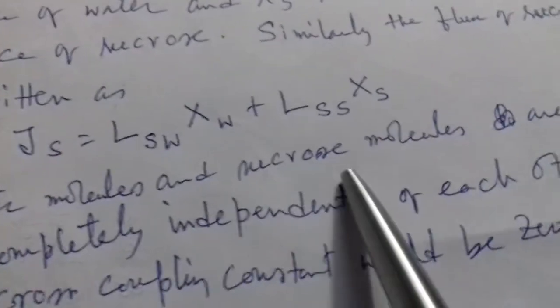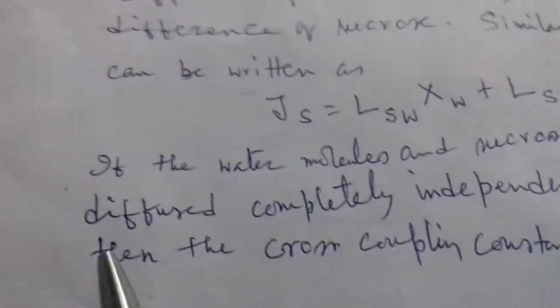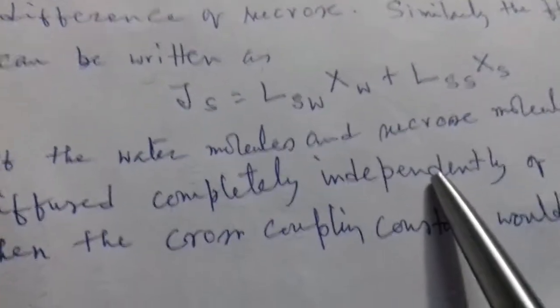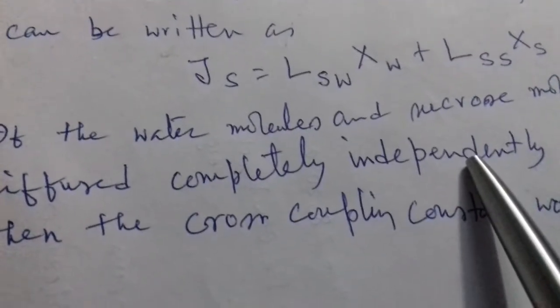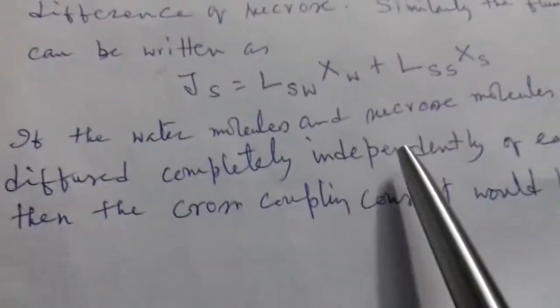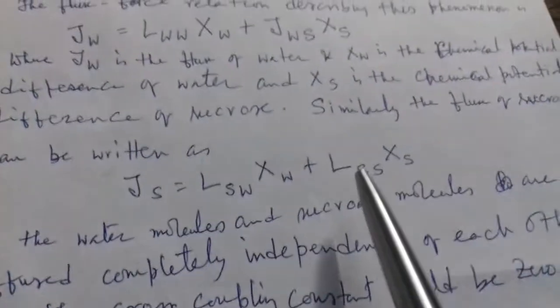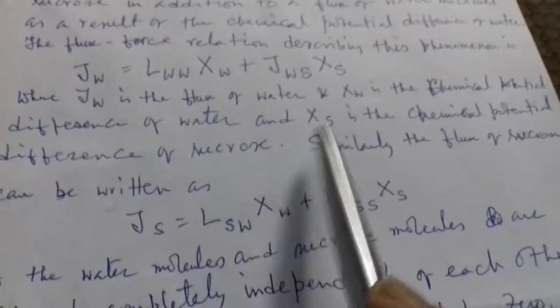Suppose the water molecules and sucrose molecules diffused completely independently, so that water diffusion doesn't depend upon sucrose and sucrose diffusion doesn't depend upon water. Then the cross coupling coefficients will be 0. In that case, these two terms will be 0.